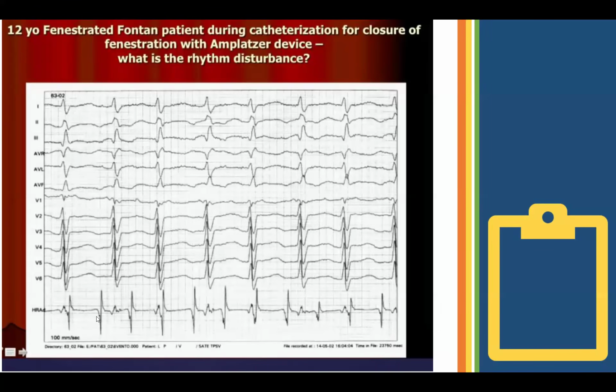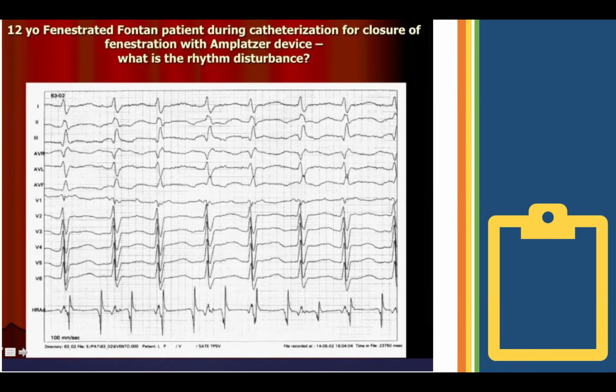And then the other question is always, whenever we do a cath, have we caused this? Did the patient conduct well before? And did we screw things up? Particularly when you're closing a fenestration, the guide wire has to go through the fenestration into the left atrium, and there's always a chance that you could bang the conduction system in the process.